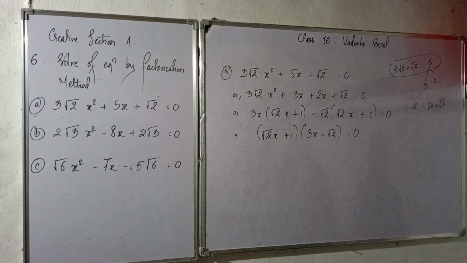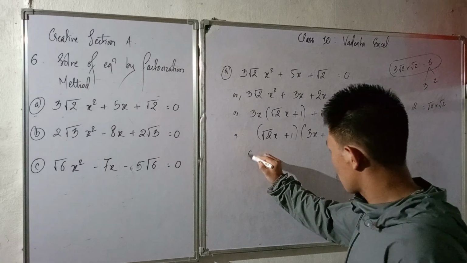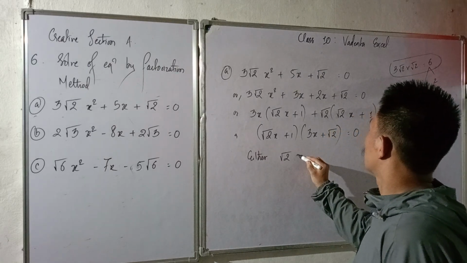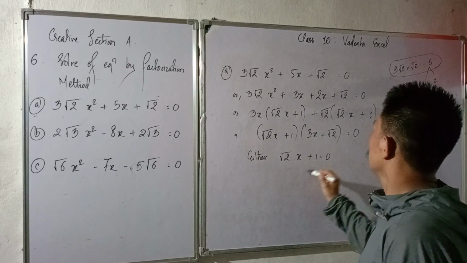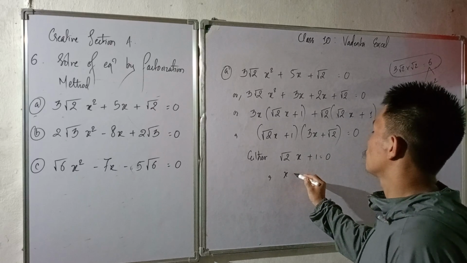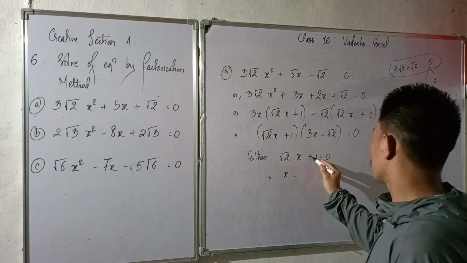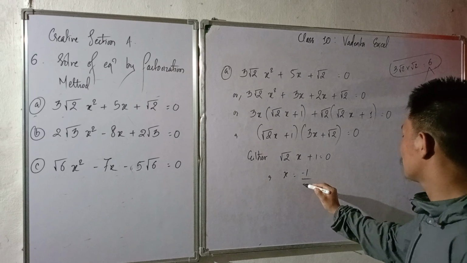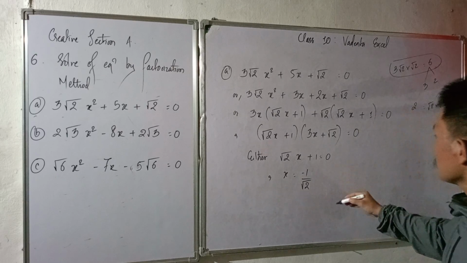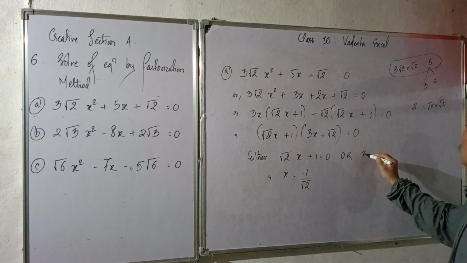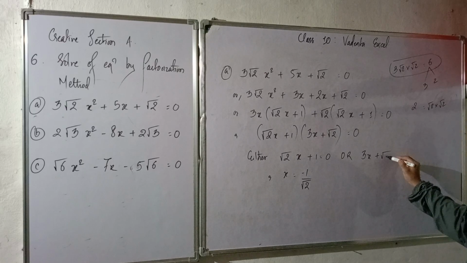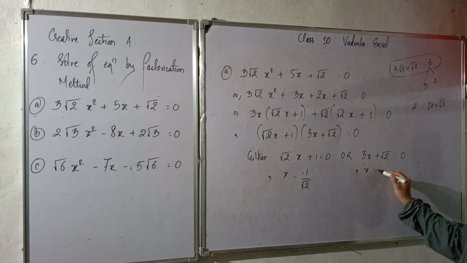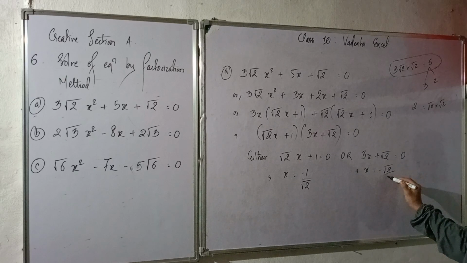Now either root 2 x plus 1 equals 0, so this plus 1 goes to the other side and becomes negative 1, and root 2 goes into the denominator, or 3x plus root 2 equals 0, so x equals minus root 2 by 3.